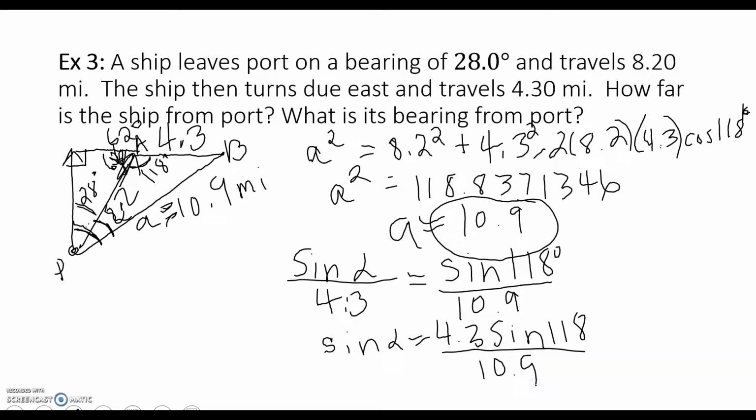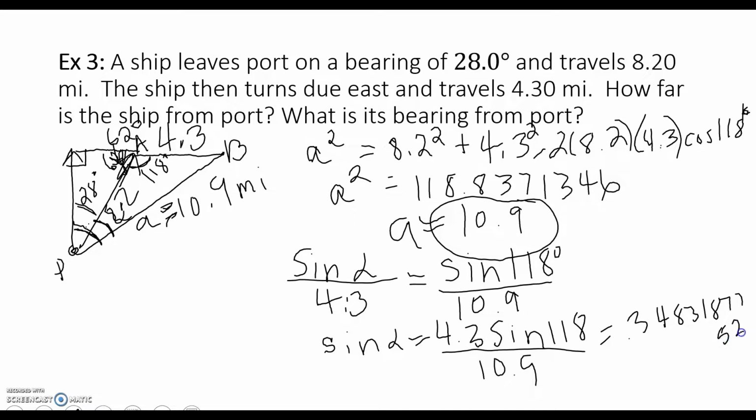If you plug that in your calculator, 4.3 times the sine of 118 divided by 10.9, you get sine of alpha is equal to 0.34831877 and some more numbers, 52.